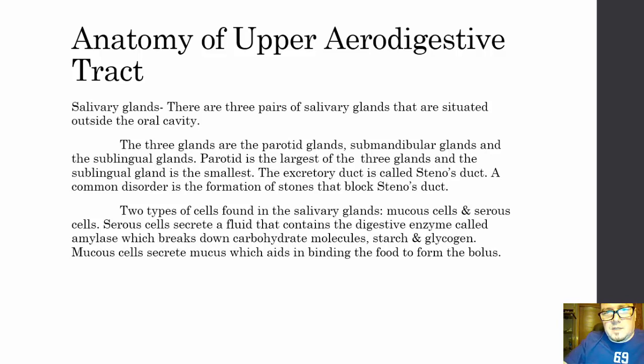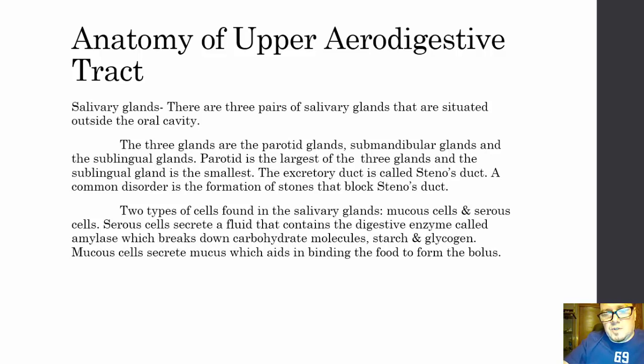And as the slide shows, there are two types of cells in salivary glands, mucus and serous. The serous are the ones that secrete a fluid with a digestive enzyme called amylase. That's where your digestion begins in your mouth.